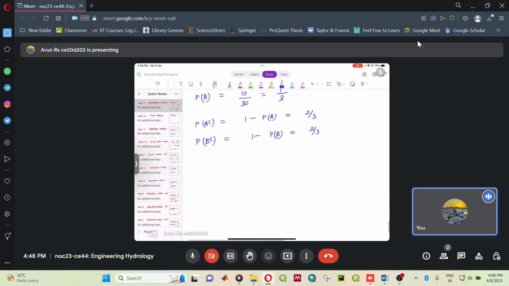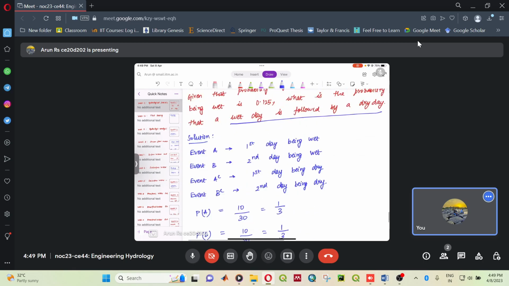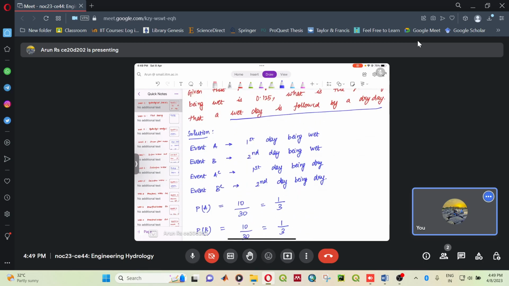Now we need to find the probability of a wet day that is followed by a dry day.